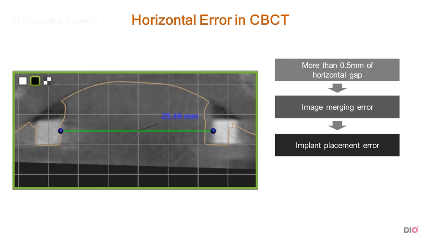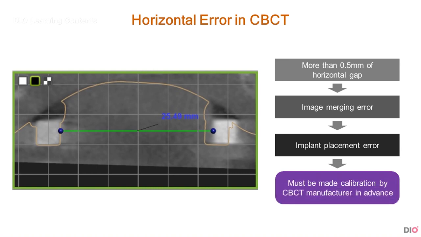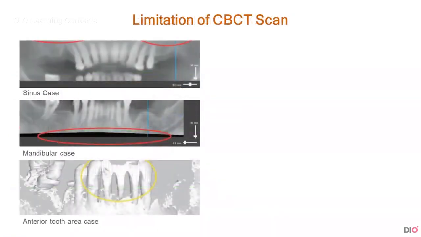If a horizontal error occurs, you must check the CT image distortion using a CBCT jig and contact the CBCT manufacturer for calibration. So what's wrong with the next three images? First is a sinus case, but the maxillary sinus part is cut off.